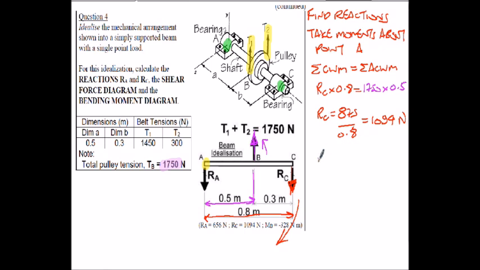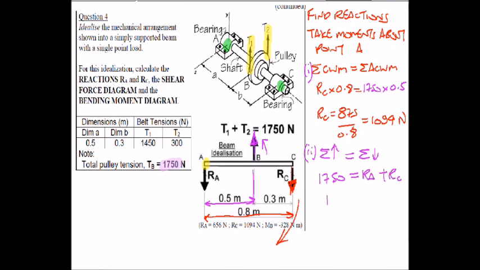To find the RA, we simply summate vertical forces. So that was basically step 1, using the moment equation. Now we're going to use the upwards downwards forces equation. So summation of the upwards forces equals summation of the downwards forces. So upwards we've got 1750 newtons, and downwards we've got the RA plus the RC.